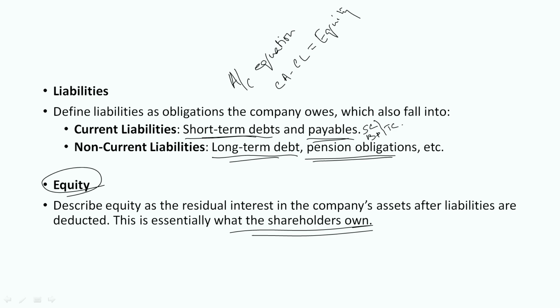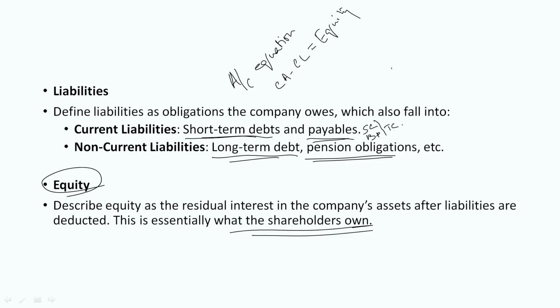All these are represented. So now you should understand why I told you that the assets and liabilities will have the same balancing figure. The reason being that whatever long term liabilities I have would be reflected in long term assets, and short term liabilities would be reflected in short term assets.